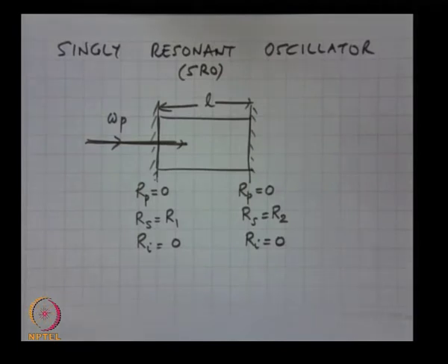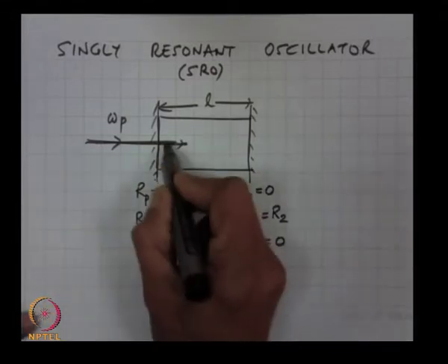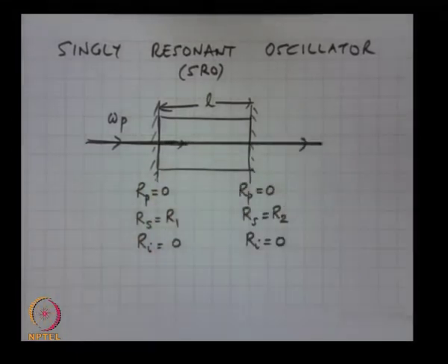So the mirrors are highly reflecting at the signal frequency and completely transmitting at the pump and the idler frequency. So the pump enters, then just goes through the crystal.